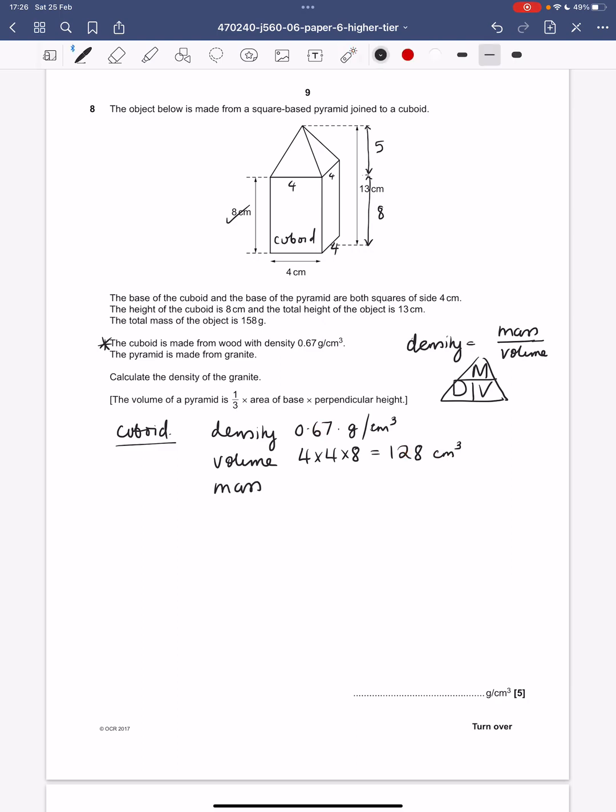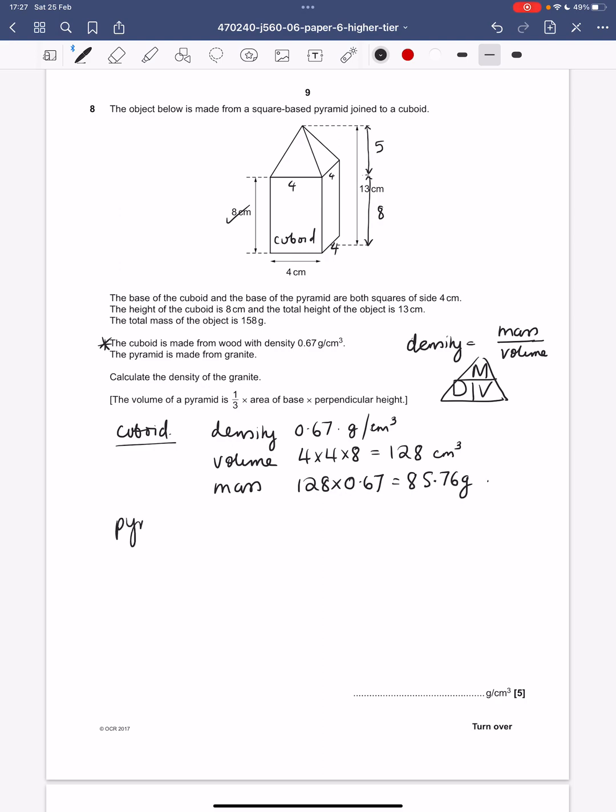So the mass of the cuboid is going to be 128 times 0.67. I can say here, look, the mass of the cuboid is density 0.67 times volume 128, which is 85.76 grams. So we've got everything for the cuboid.